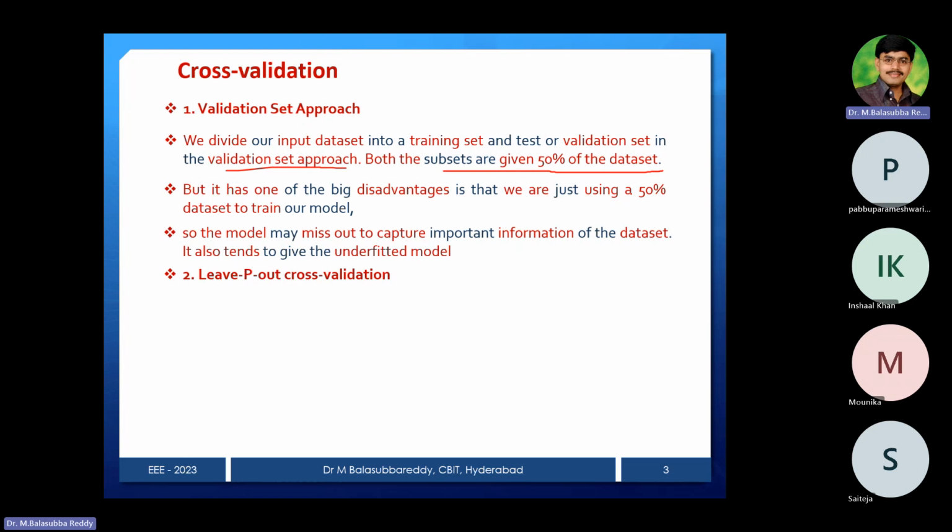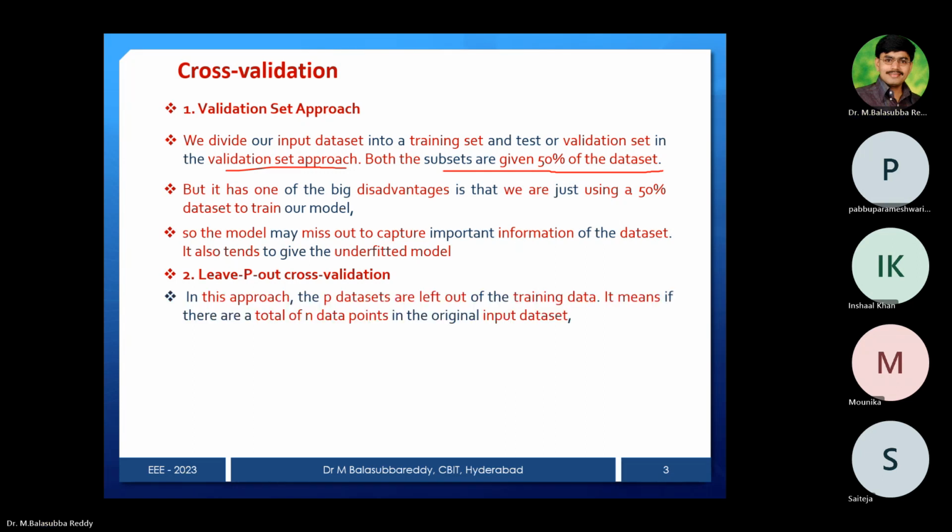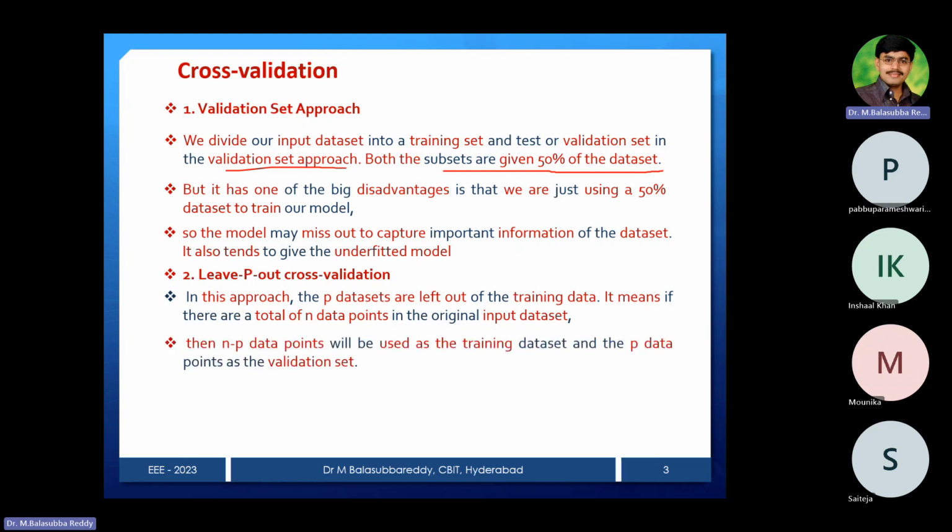Another approach is leave p out cross validation. In this approach, p data points are left out of the training data. It means if there are a total of n data points in the original input data set, then n minus p data points will be used as the training data set, and p data points are the validation set.